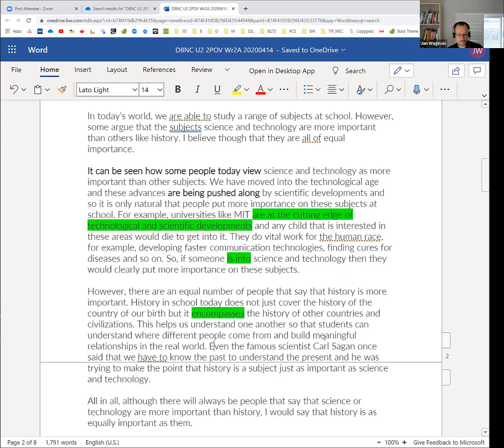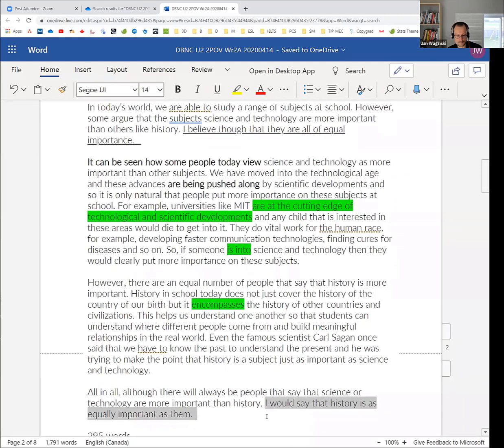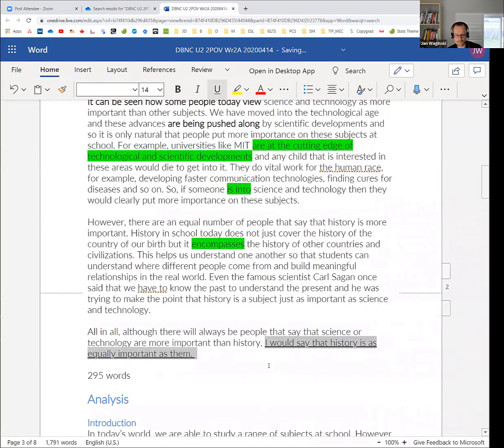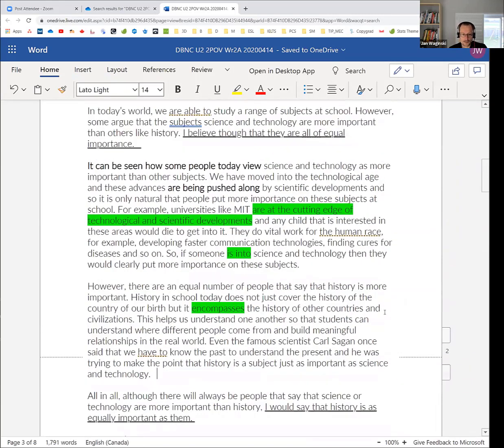And then the author's opinion is just here at the top and here at the bottom. In this particular example, where he's chosen a position that they are of equal importance, this is the structure that this author chose.